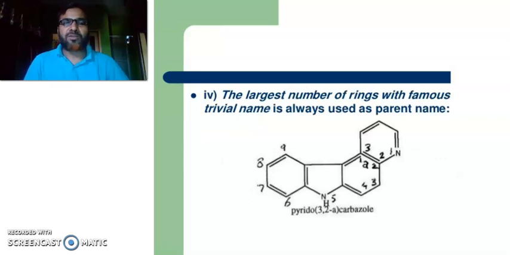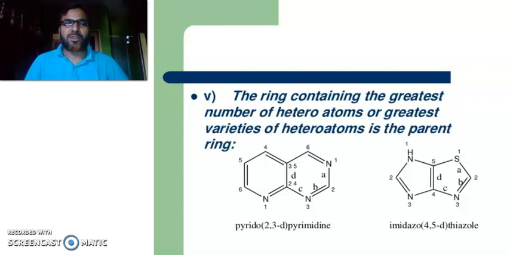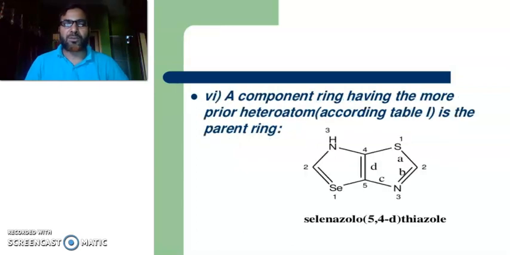Now the ring with the greatest number of rings and a famous trivial name is always used as the parent name. Pyrrolo[2,3-a]carbazoles. Now the ring containing the greatest number of heteroatoms or greatest variety of heteroatoms is the parent ring. Pyrido[2,3-d]pyrimidine, imidazo[4,5-d]thiazoles. The component ring having the higher priority heteroatom according to table 1 is the parent ring.